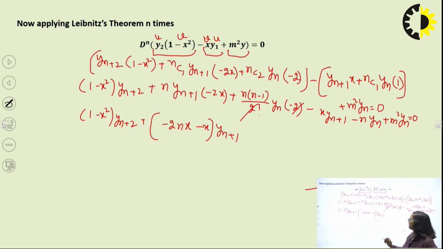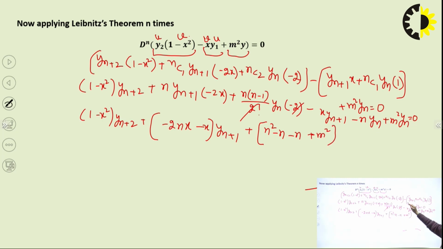The last bracket is for the coefficients of yn. So the first coefficient is n square minus n. This is also yn, minus n. And this is also yn plus m square.